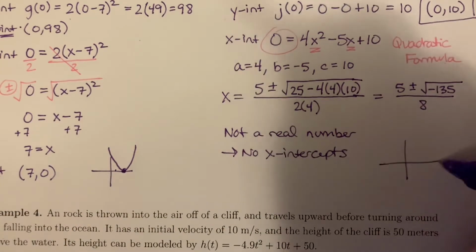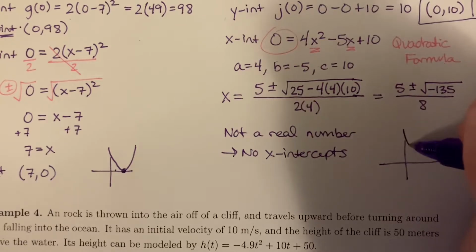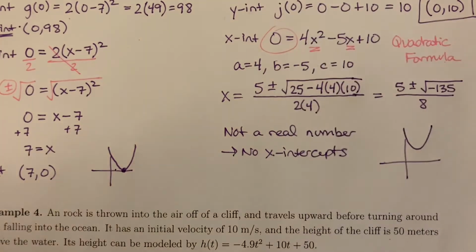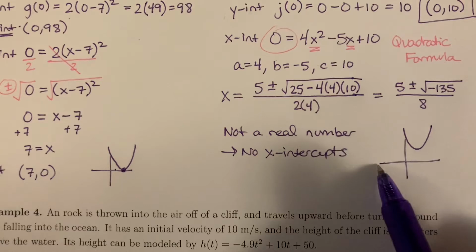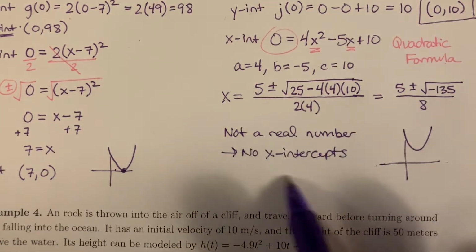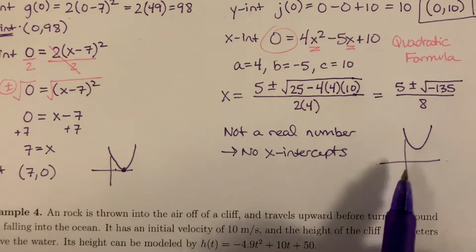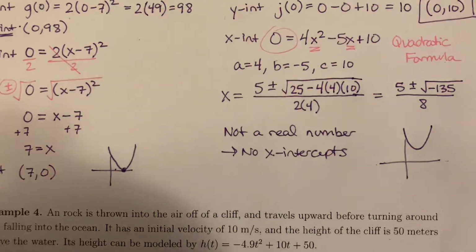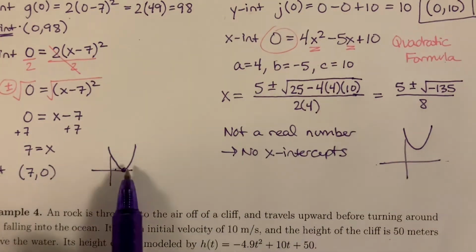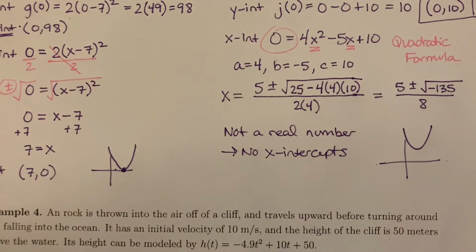Whereas with this parabola, it's not even going to touch. It's going to stay above the x-axis, and that's why there are no x-intercepts. So these two examples give us these weird cases where you don't get 2. You can either get 1 x-intercept or no x-intercepts.